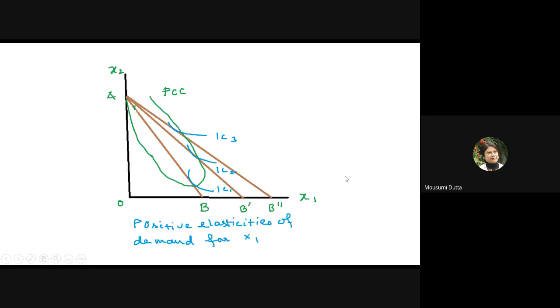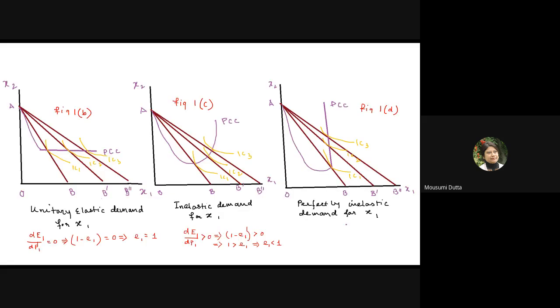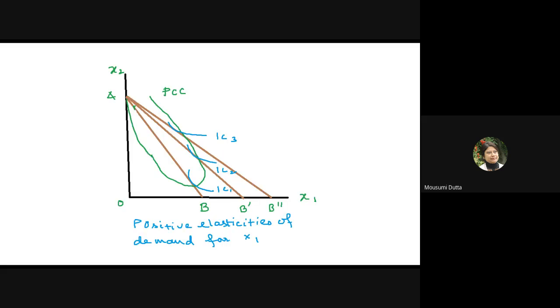This is another one, this kind of backward bending thing. This is close to 1C. However, here we are considering this backward bending idea.